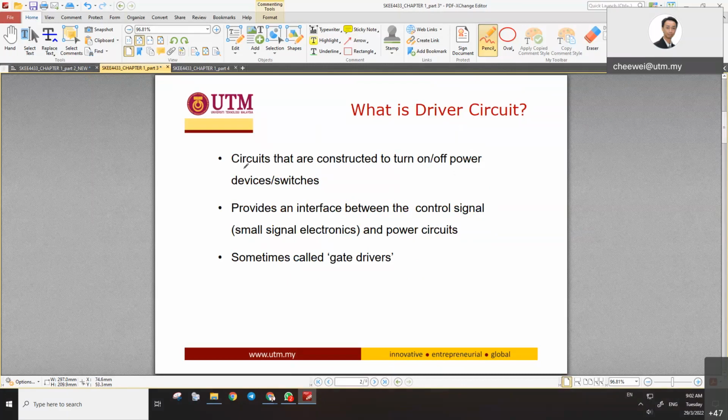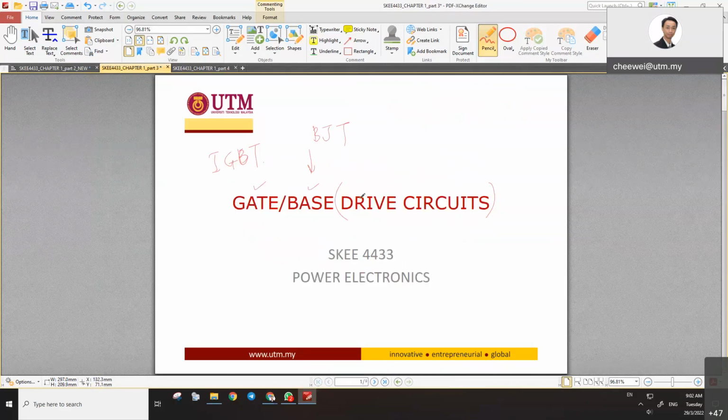Written here, circuits that are constructed to turn on and to turn off the power devices. It provides an interface between the control signal and the power circuit. Sometimes it's called the gate driver. You see driver circuit, gate drivers, and drive circuits.